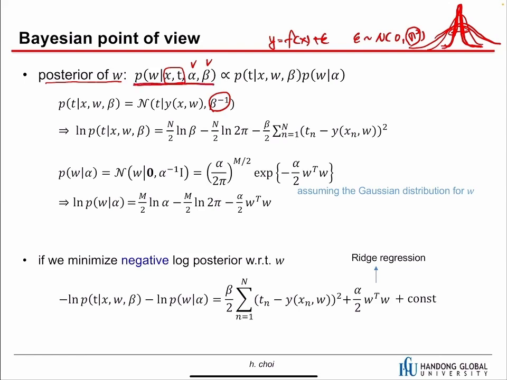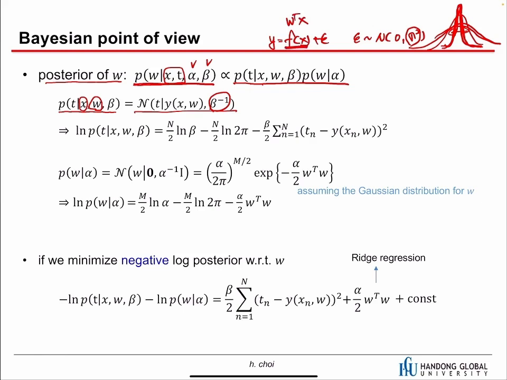This posterior can be decomposed into these two terms, t given x, w and beta, and w given alpha. The probability of t given x, w, beta can be defined by this one. We have an x and a w. Actually, sometimes we are interested in w transpose x. So w is the parameter of this function f.